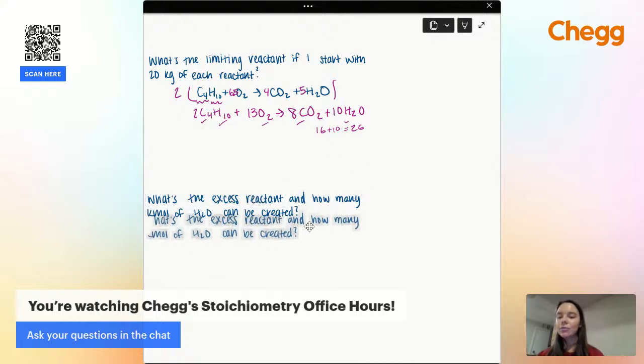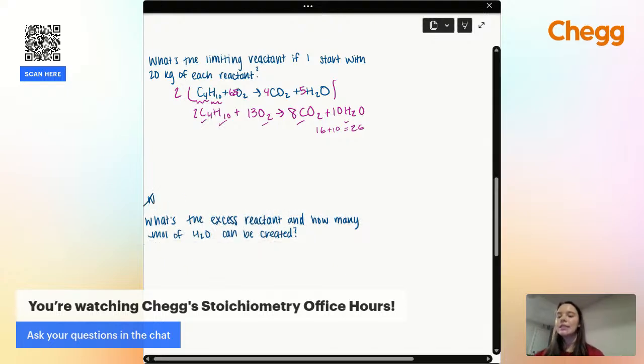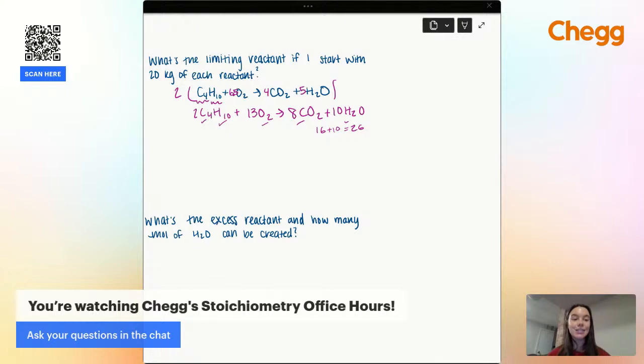So now what I want to do is find the limiting reactant. I'm going to give y'all, let's do 30 seconds. Tell me how you would solve for the limiting reactant. 30 seconds starting now.